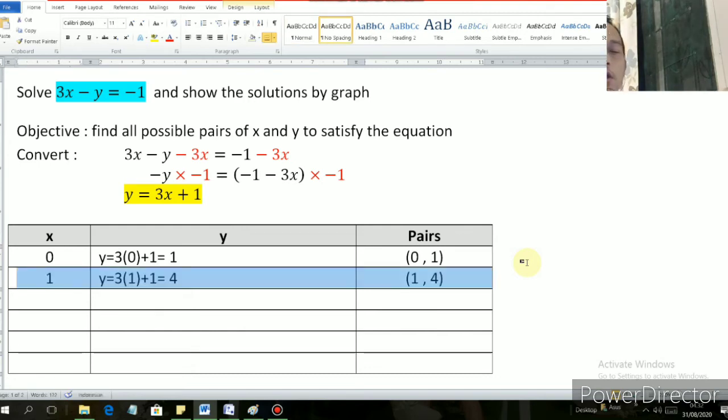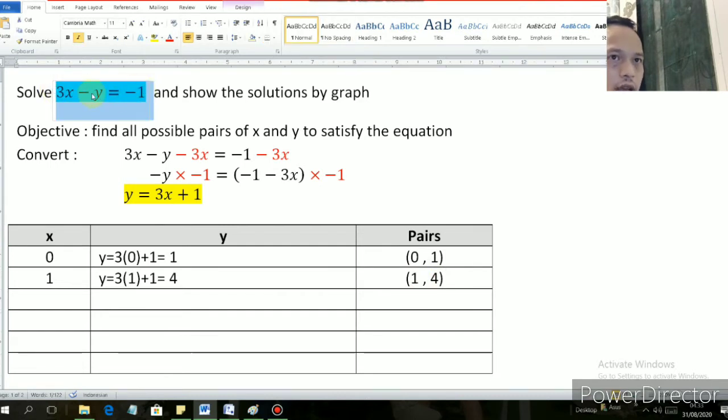But let's just try 1. If my x is 1, then I use the same equation here and I find the y, the pair, is 4. So the second solution is (1, 4), and you can be certain that (1, 4) will satisfy this equation if the x is 1 and the y is 4.